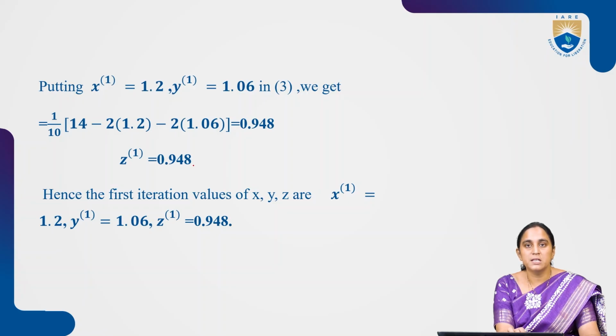This is the first iteration, substituting the initial values y is 0, z is 0. After that, we continue the procedure, substituting the values, and get x power 1 as 1.2, y power 1 as 1.06 and z power 1 as 0.948. By using these iteration values, we get the second iteration.